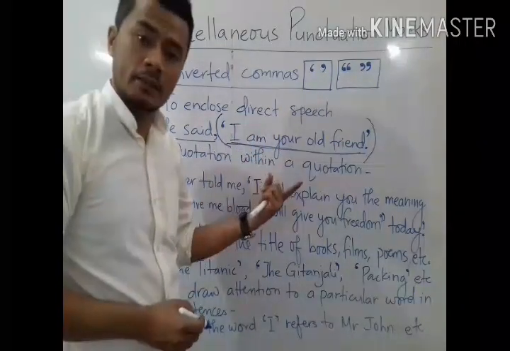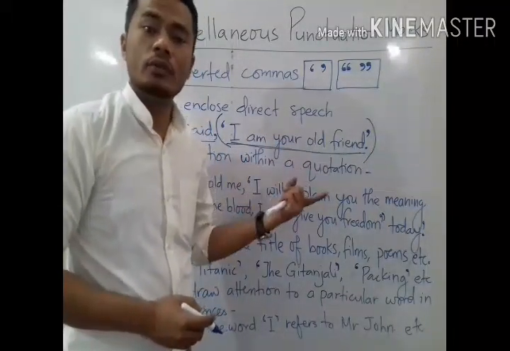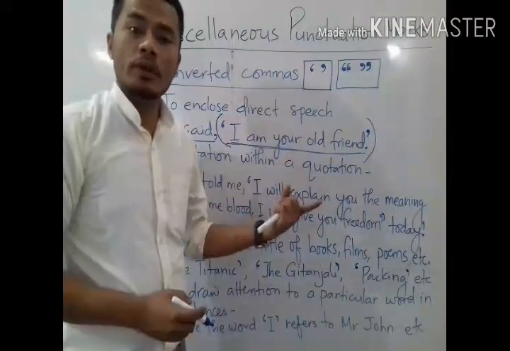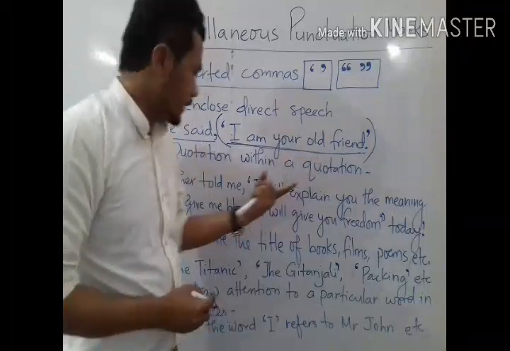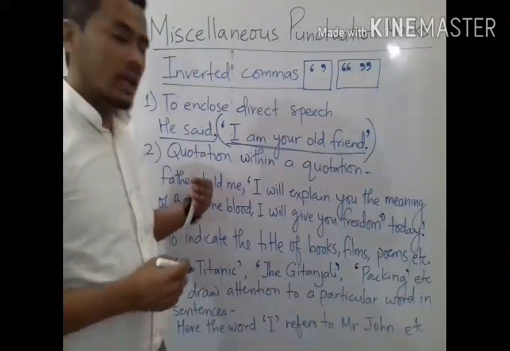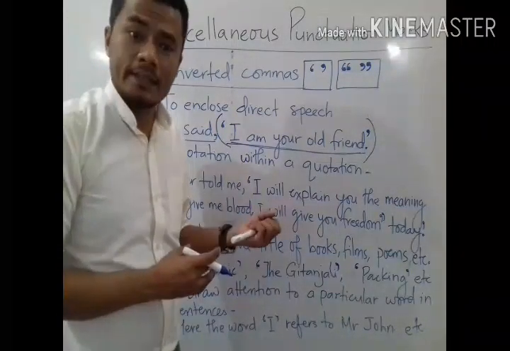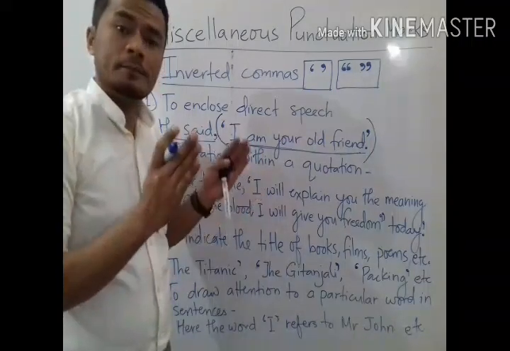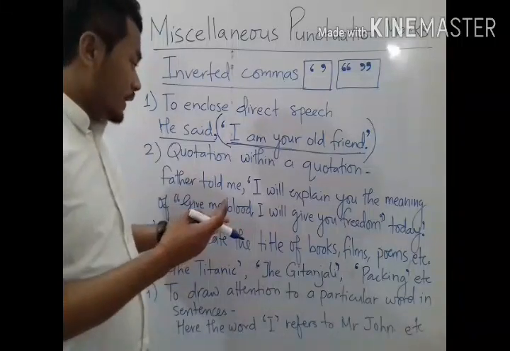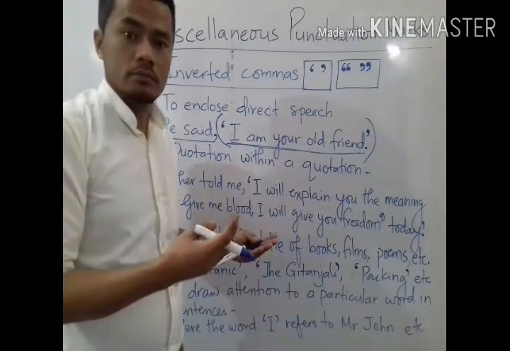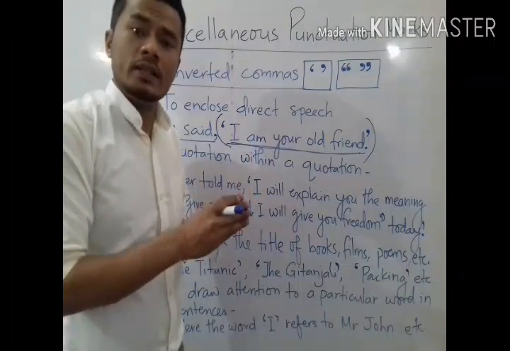So whenever we are writing sentences in direct speech, then we have to enclose the reported speech with inverted comma, single inverted comma. Now sometimes whenever we are writing these sentences in direct speech, if that reported speech has another quotation inside the quotation, that means quotation within the quotation.